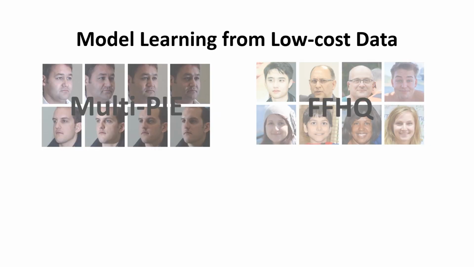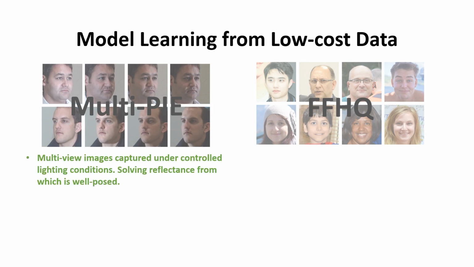We exploit 2 kinds of publicly available data sources to train our model, the multi-PIE dataset and the FFHQ dataset. In multi-PIE, multi-view images captured under controlled lighting conditions are provided. Using these images, solving reflectance parameters is well posed.